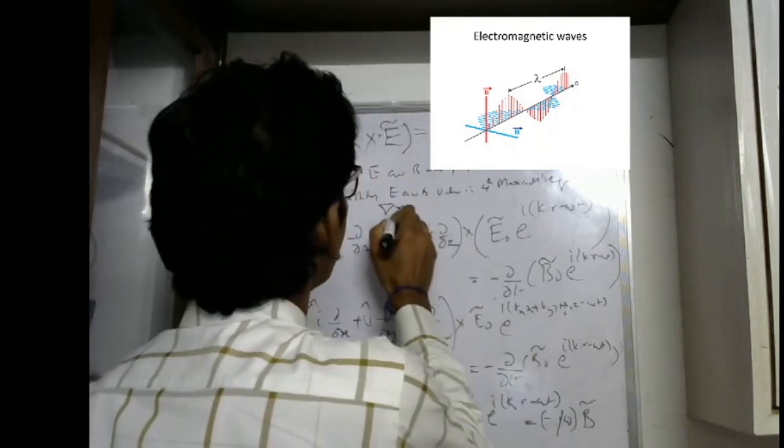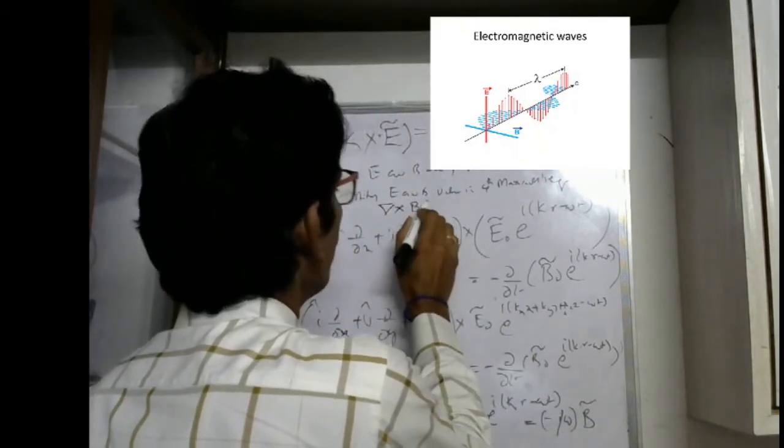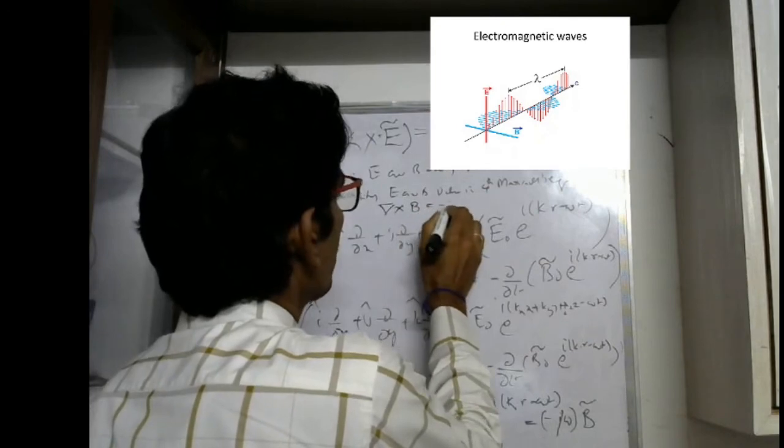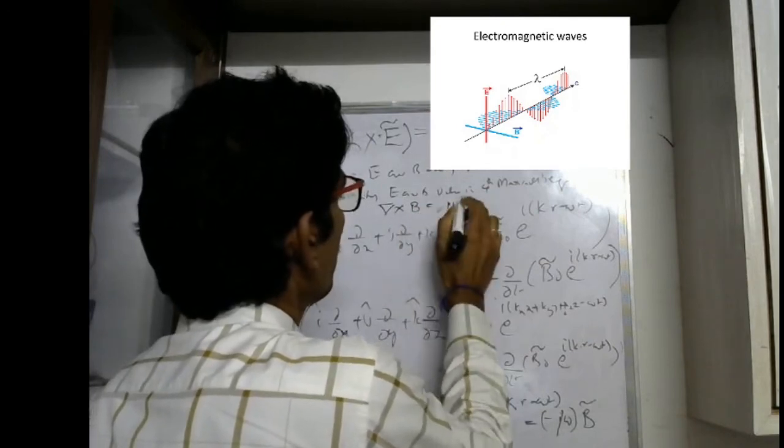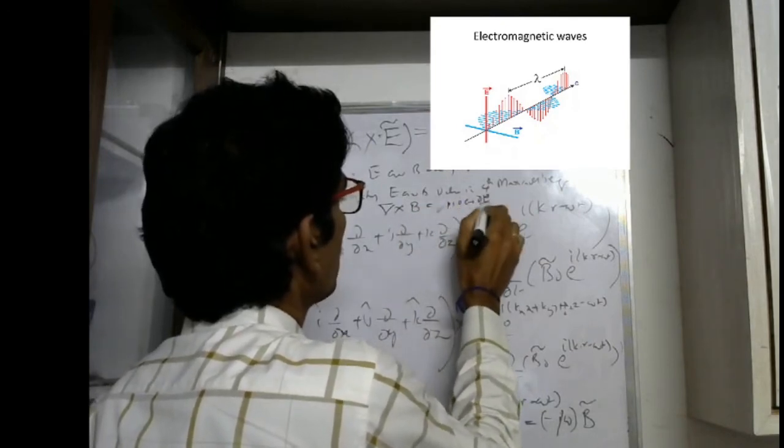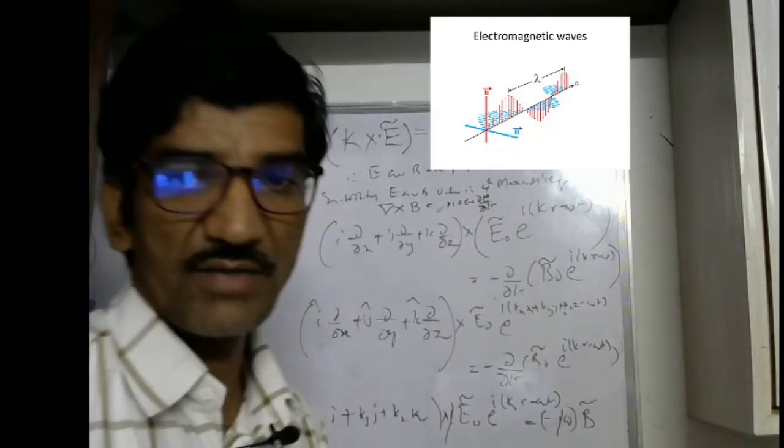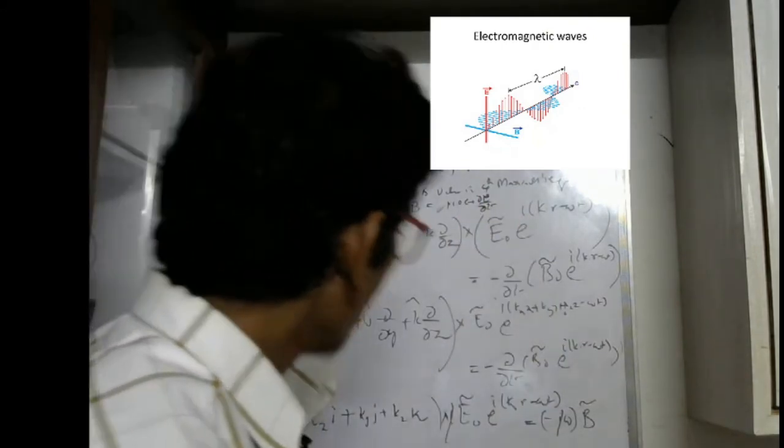Del cross B is equal to mu naught epsilon naught dou E by dou t. Okay, let us see now.